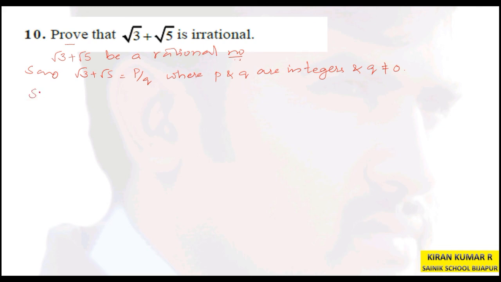Let's square on both the sides. We get 3 plus 5 plus 2 root 15, which is equal to p square by q square.